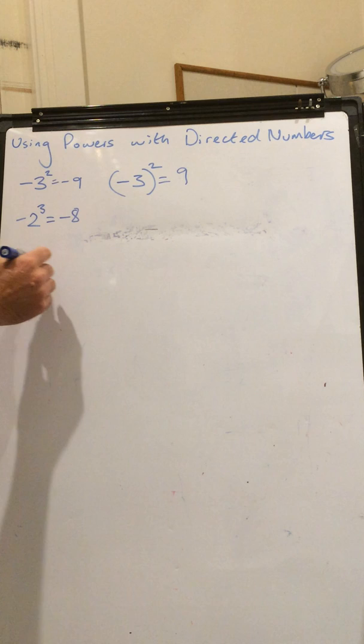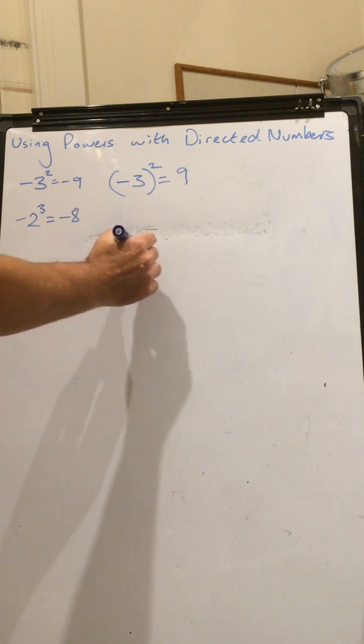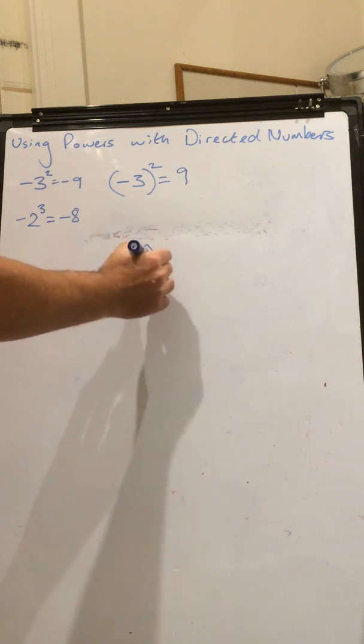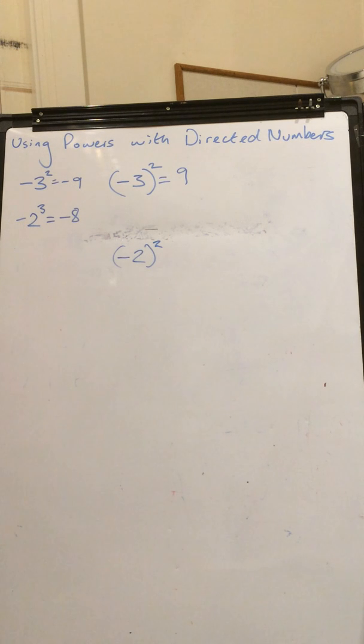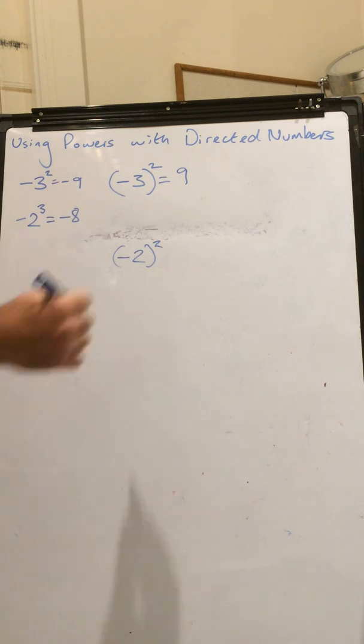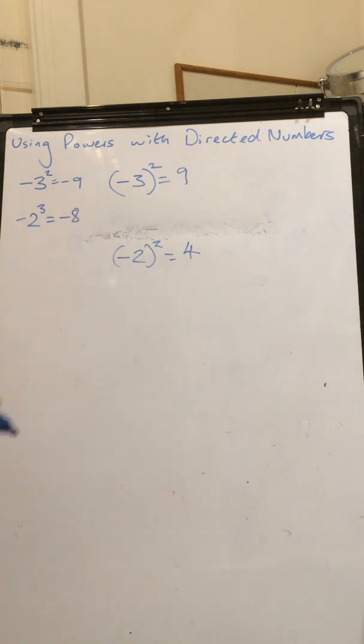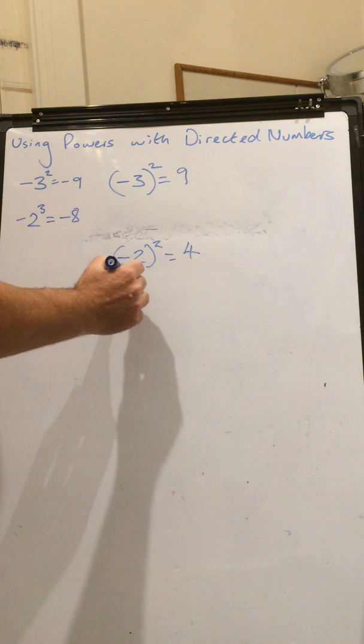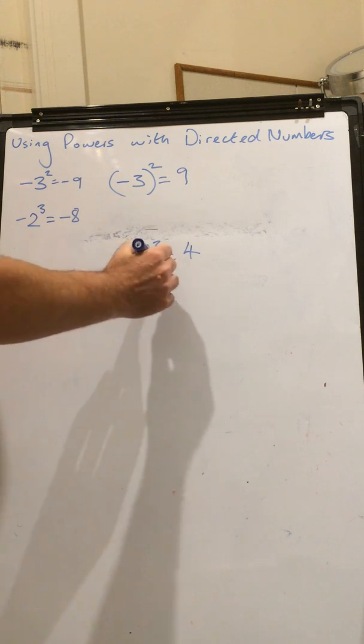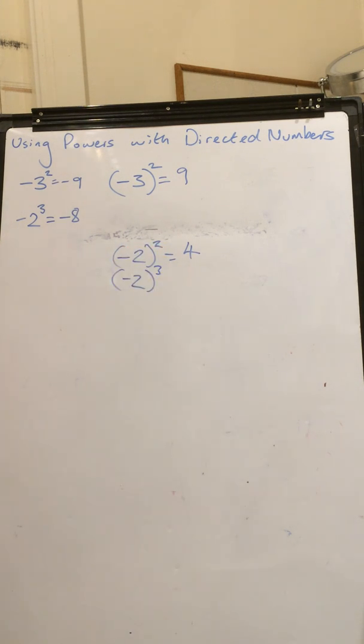Let's say we start off with (-2) squared. So this is -2 times -2, which is +4. Let's say (-2) to the power of 3. So it's a negative times a negative times a negative. A negative times a negative is a positive, times a negative is back to a negative.